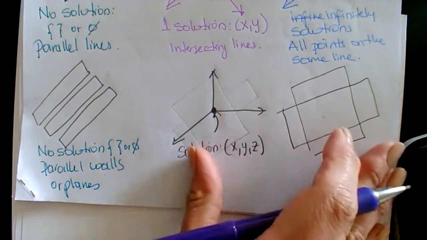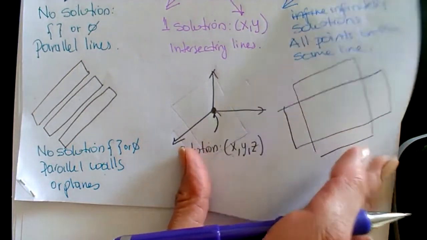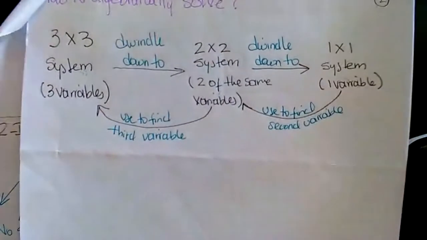So how do we solve it algebraically? I wrote it down here and I'm going to keep it. How do we do it?